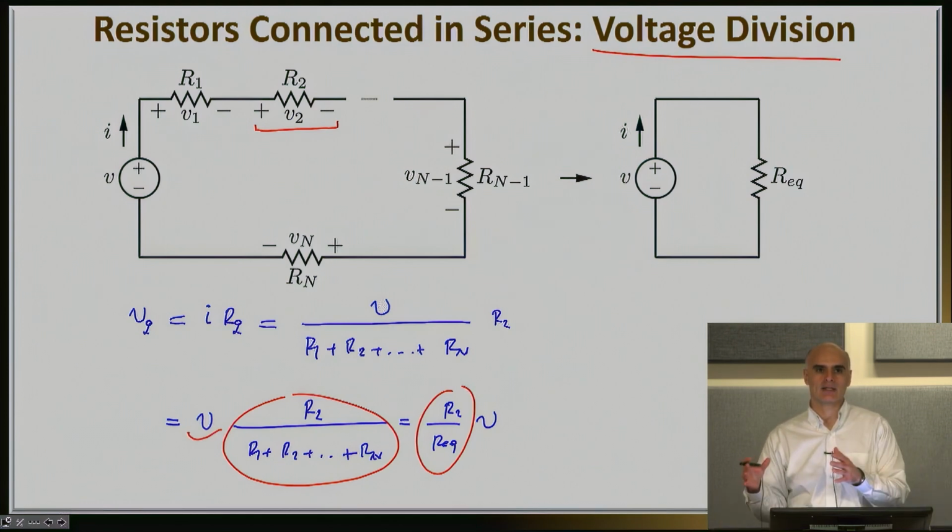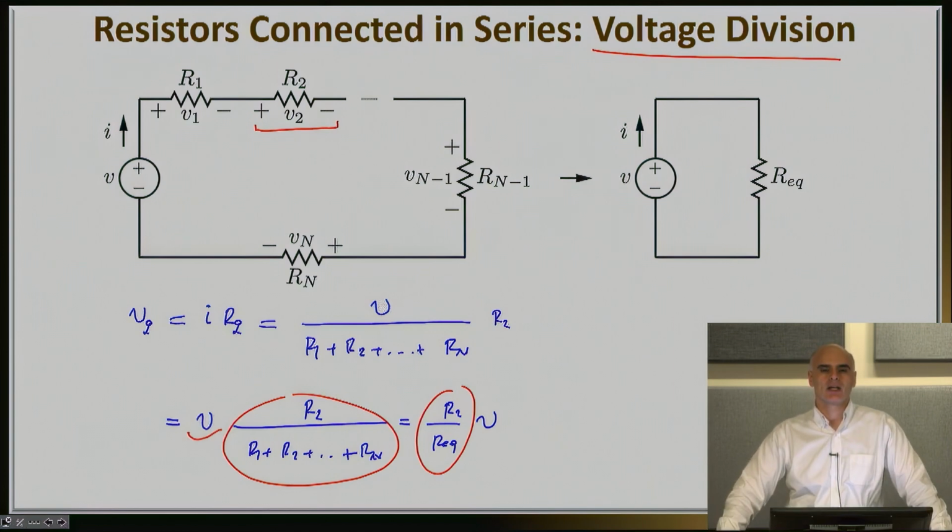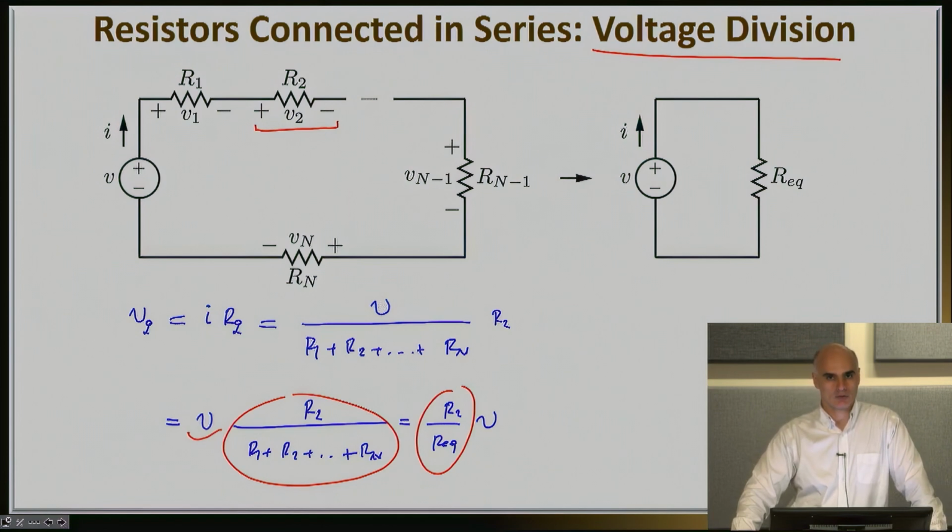So a higher resistance will see a higher voltage drop across it than a lower one will. Again, this appears very intuitive and is a very easy thing to remember. So the voltage division, even though it's probably less often quoted than the series equivalent resistance, is as useful, and you should memorize it because we're going to be using it many, many times.